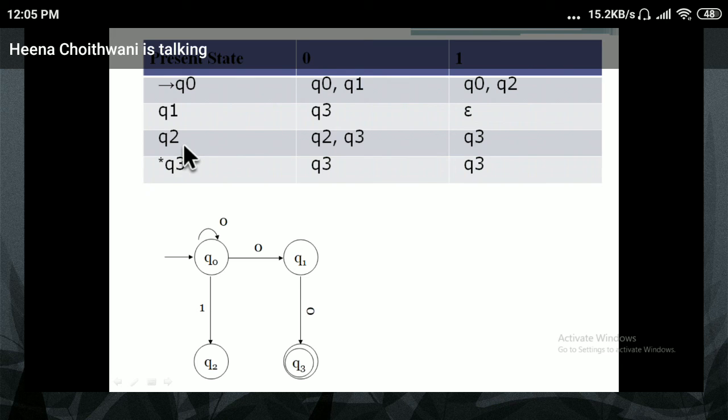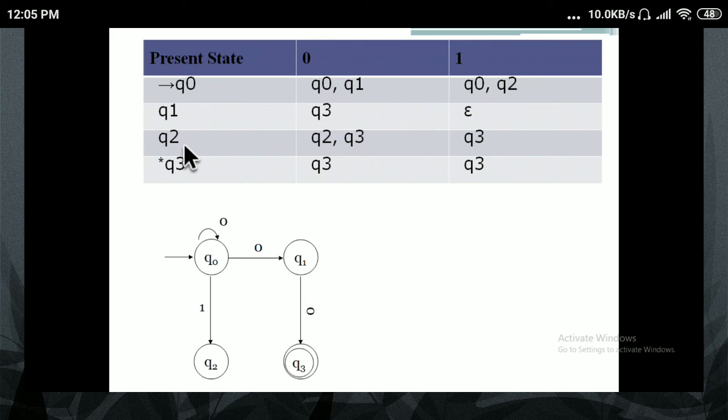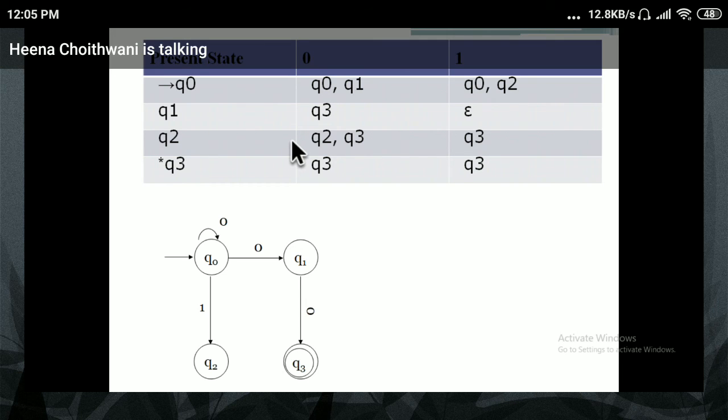Let's proceed to the third row. Q2 on 0. Q2 on 0 is moving to Q2 as well as Q3. So you'll be having a loop here and a transition from Q2 to Q3. Check here. Is it okay?